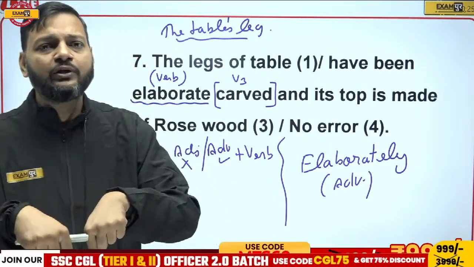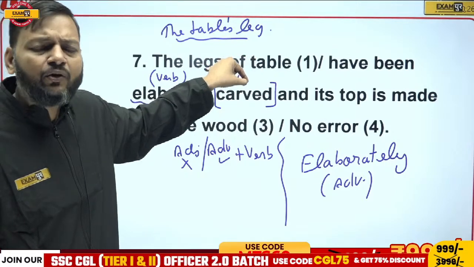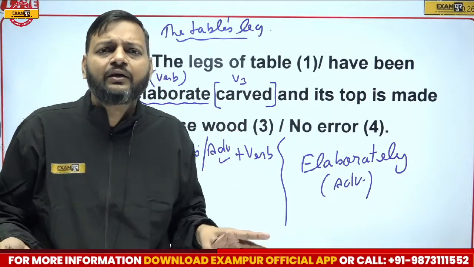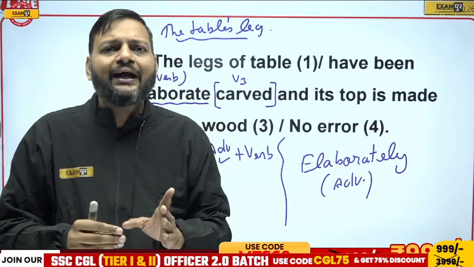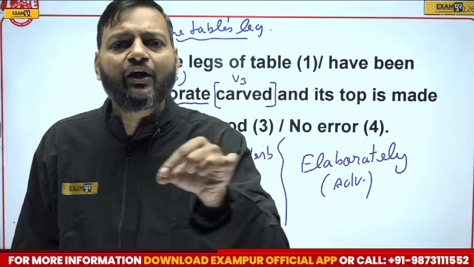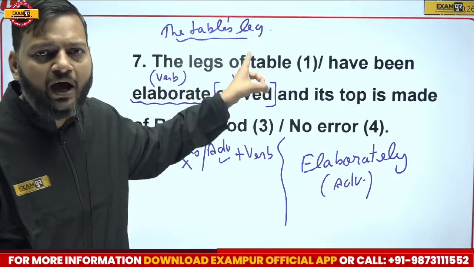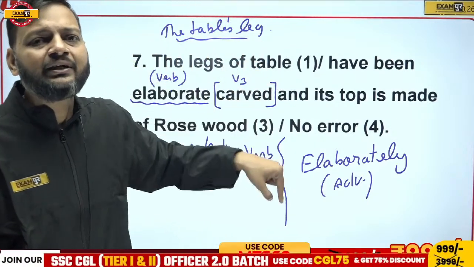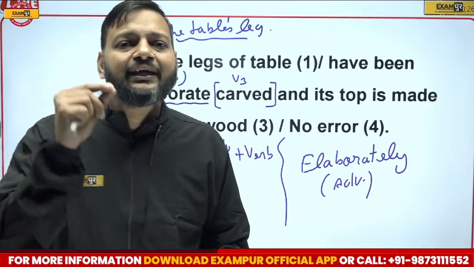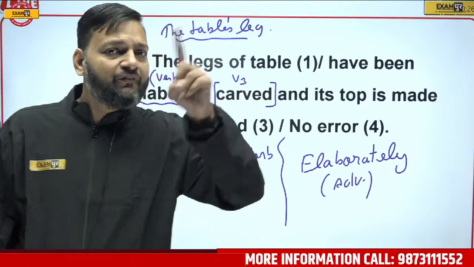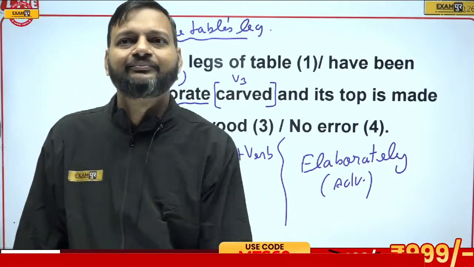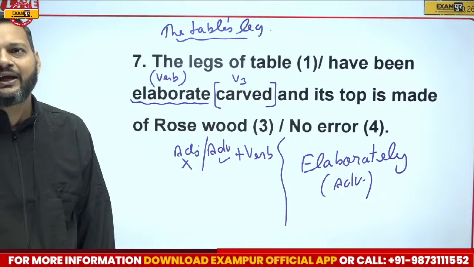But when you found this correct, you were thinking about the legs of table and it is already there, it means there is no error. So just one thing was in your mind, that if it were the table's leg, you would have changed it into the leg of tables. But when you found it right, you didn't even try to read the rest of the sentence. So just make it your habit to read from the very first word to the last word, because error can be anywhere, right?